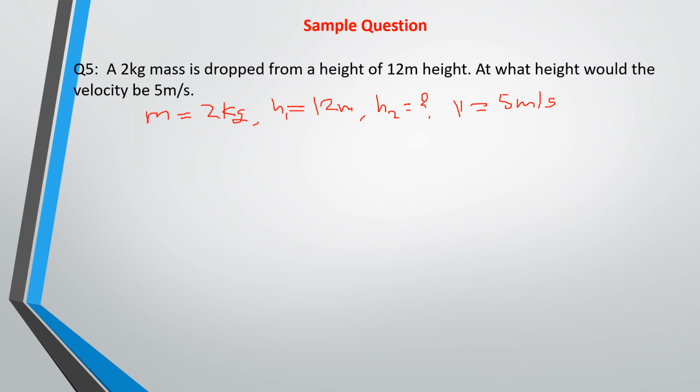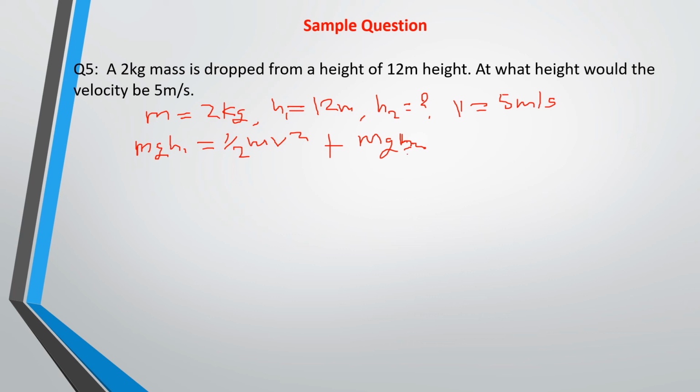So applying that equation that we had, mgh, the total potential energy at height 12 meters is converted to kinetic energy plus potential energy mgh2. So this is mgh1, mgh2, and for this question we're looking for h2.